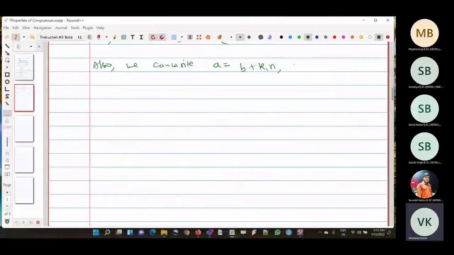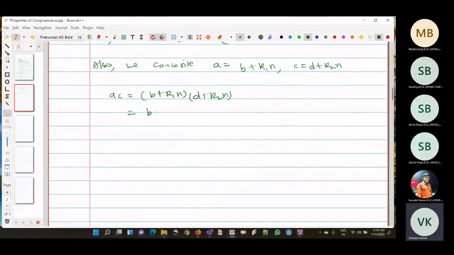And then C equals D plus k2 times n. Okay. So let us multiply them side by side. So A times C equals B plus k1 times n, and then D plus k2 times n, and then we can multiply them.